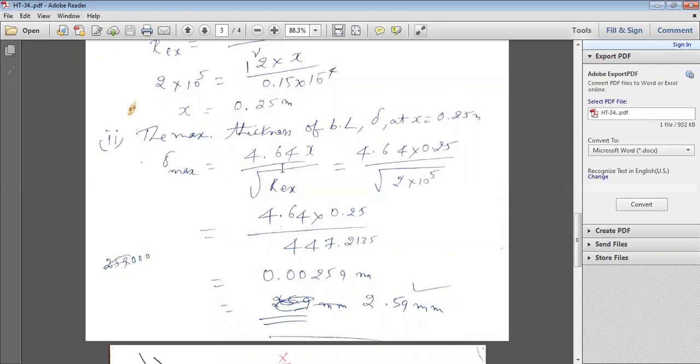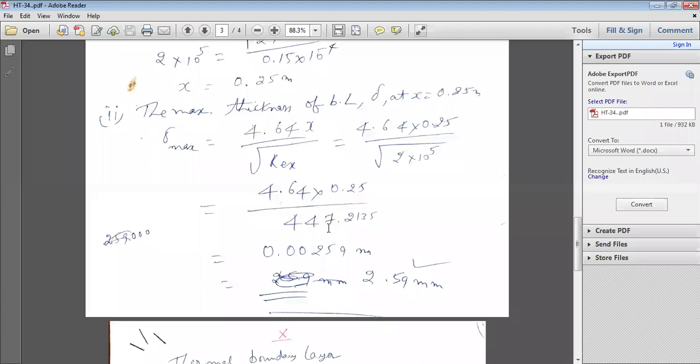Delta by x is equal to 4.64 divided by square root of Rex. From that formula, delta is equal to 4.64 into x divided by square root of Rex. That is 4.64 into 0.25 divided by square root of 2 into 10 power 5. The square root of 2 lakhs is 447.2135.